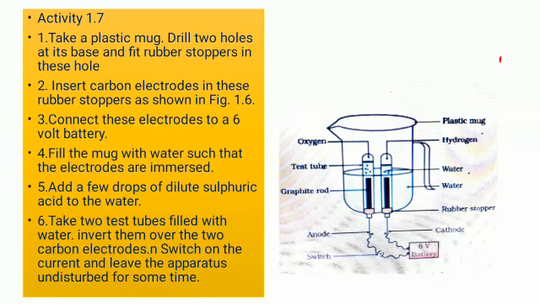In this activity we add a few drops of dilute sulfuric acid. What is the reason? Sulfuric acid itself breaks up into its constituent ions, which carry current for the circuit and behave like an electrolyte.